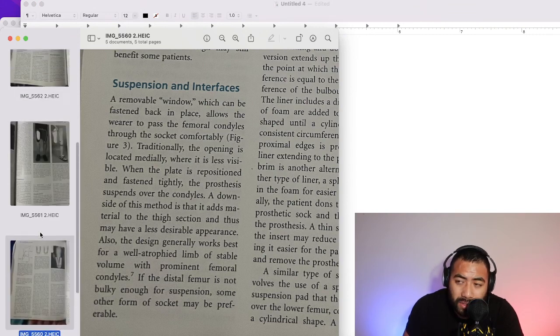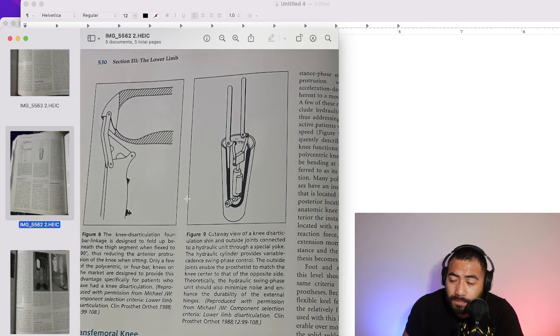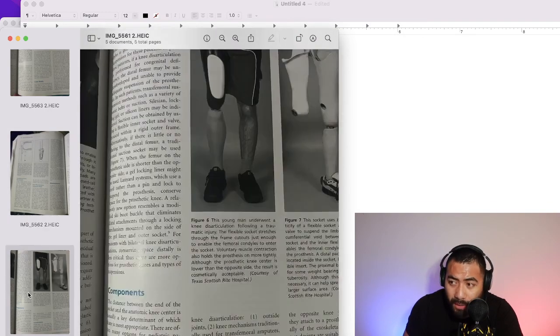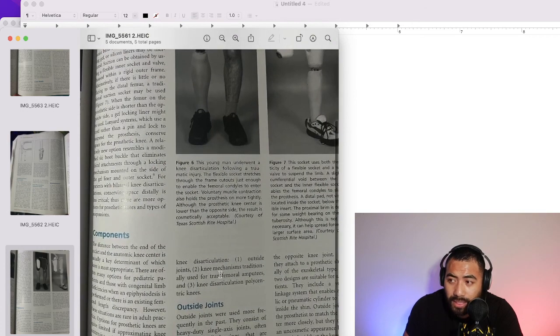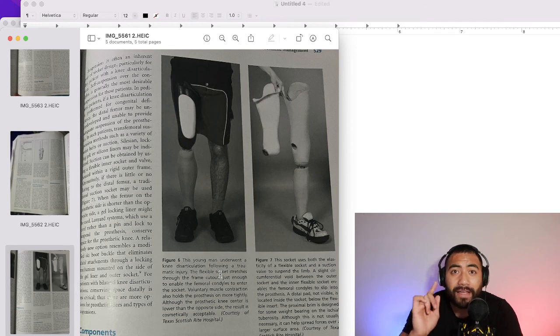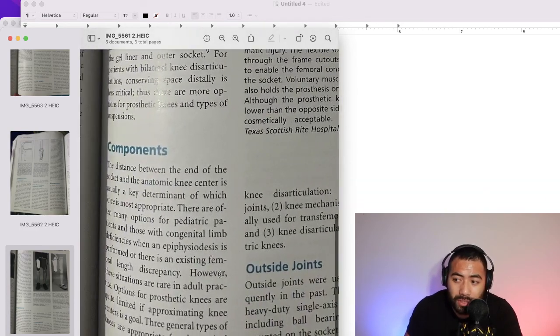Let's look at componentry really quick. So when it comes down to componentry, do you see how I go back to the textbook like a good person? Page 529, the third edition. And you can go down here. It talks about componentry right here. It says components for knee disarticulation in particular.